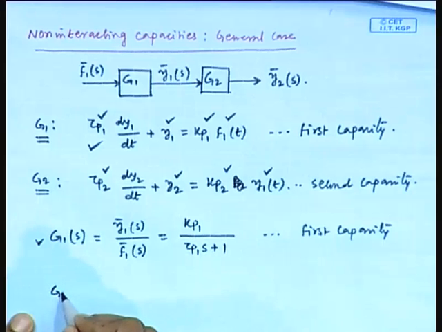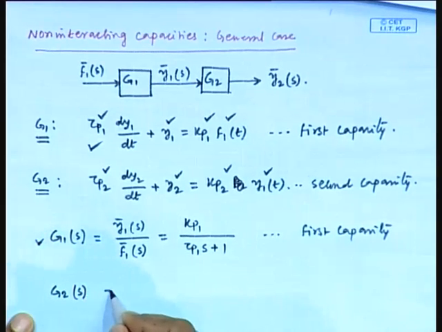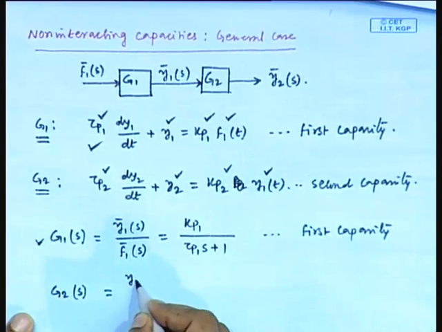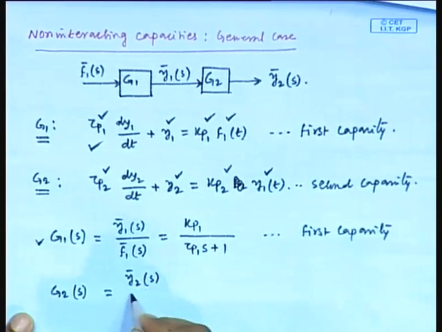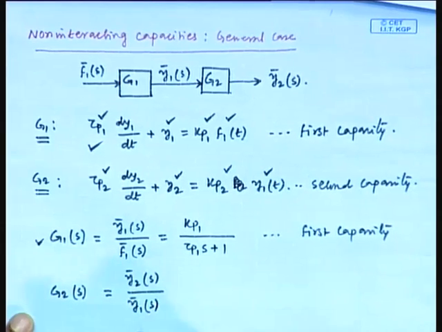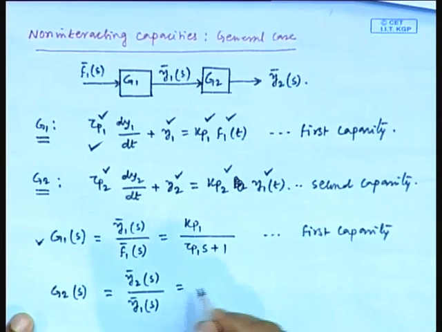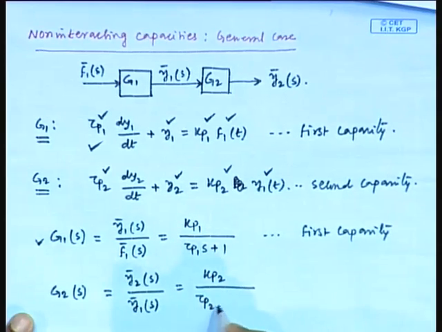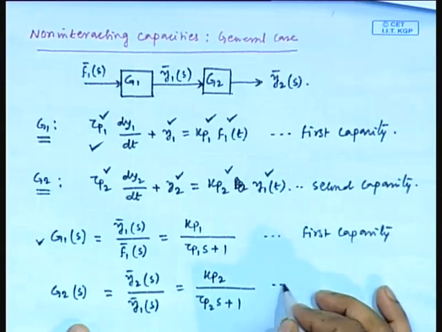Similarly, for the second capacity, we obtain the transfer function as G2(s) equals y2 bar(s) divided by y1 bar(s) equals Kp2 divided by tau p2 s plus 1.